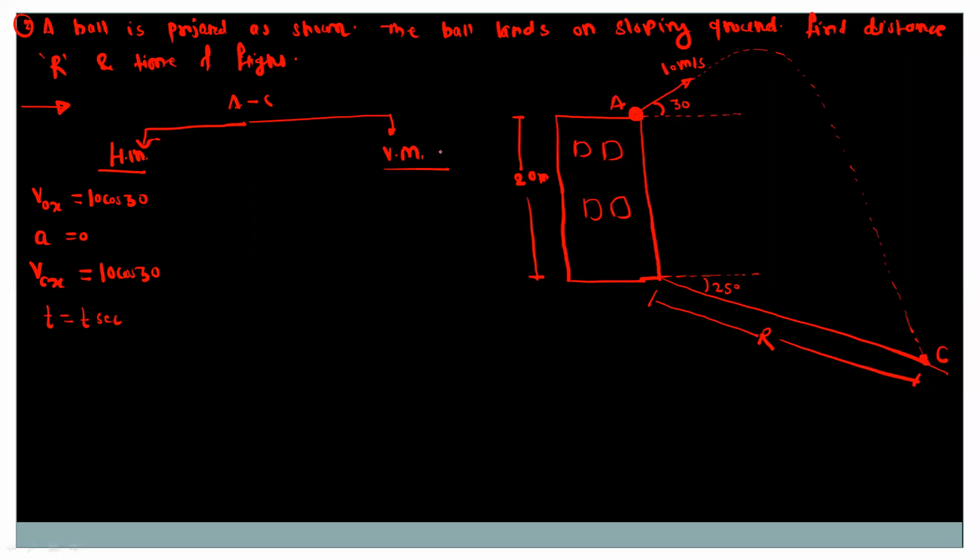Then consider the vertical motion from point A to C. Its initial velocity is equal to 10 sin 30.